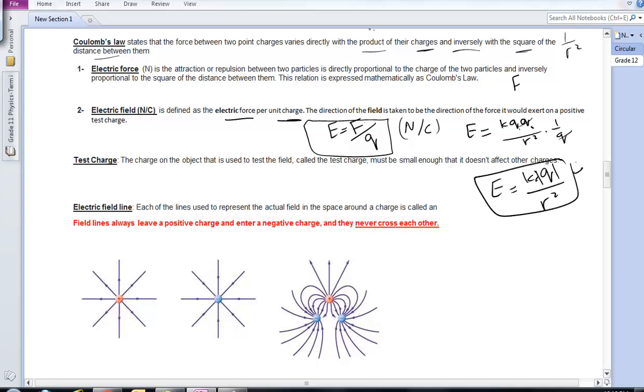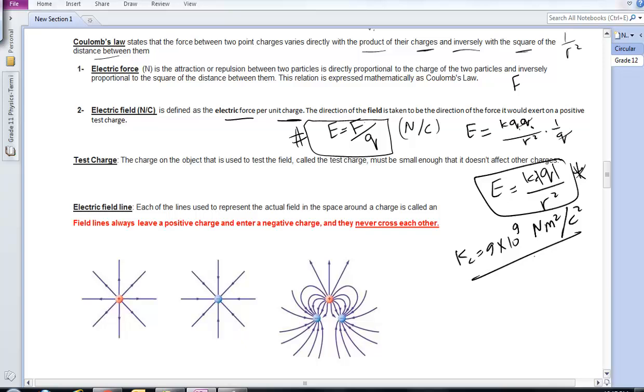This is another way to calculate the E. This one will be beneficial for the definition, and sometimes we use this formula in solving problems. So you can calculate the E using two formulas: E equals F over Q, or E equals Kc Q over R squared. We must not forget that Kc is equal to 9 times 10 to the power of 9 newton meter squared per coulomb squared.